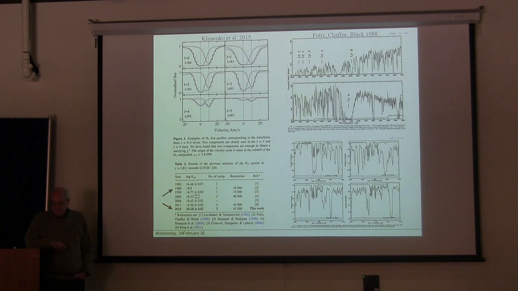The long story is that together with Fred Chaffee and Craig Foltz, who were both at the University of Arizona at the same time as I, in the 1980s, we tried with the best state of the art at the time to detect molecular hydrogen, redshifted molecular hydrogen at high redshifts toward quasars by looking for the redshifted ultraviolet lines, the well-known ultraviolet electronic spectrum of H2, without success, until finally in 1988 we came up with a fairly convincing confirmation.